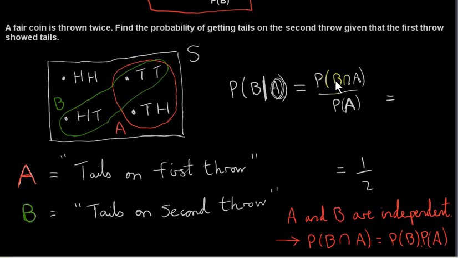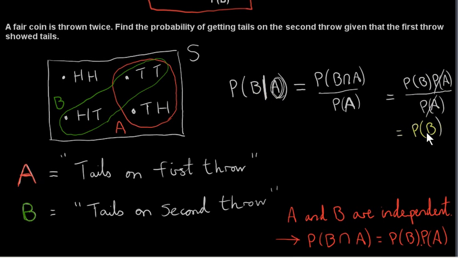We can replace the probability of B intersecting A with probability of B times probability of A. And if we divide by the probability of A, you see that we get the probability of B. This is no surprise because B and A are independent events. The probability of B given A is just the probability of B. So conditioning on A does not change the probability of B.